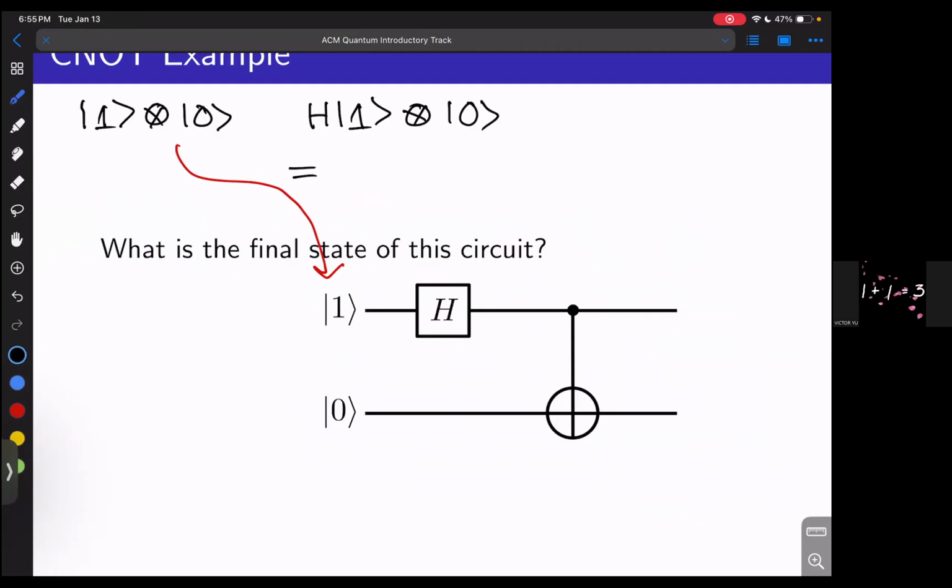Does anyone remember what H on 1 is? The superposition. Yeah, with the minus sign. So it's 1 over root 2, 0 minus 1, and then tensor 0.